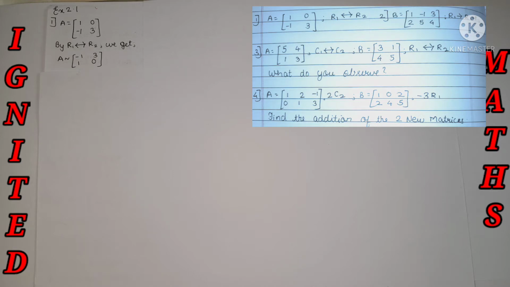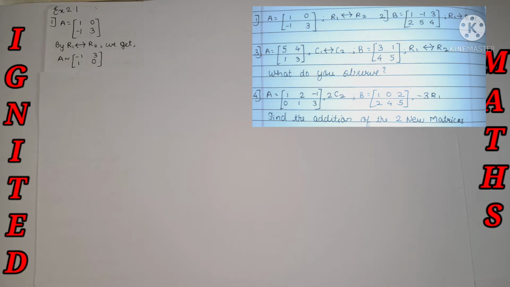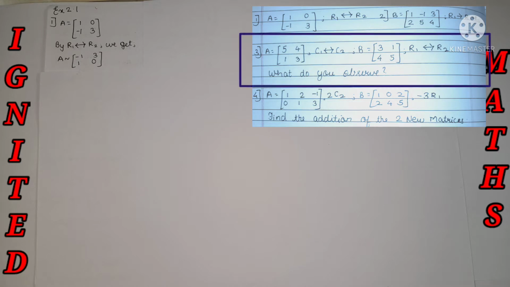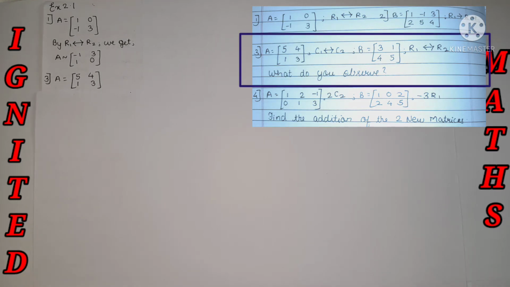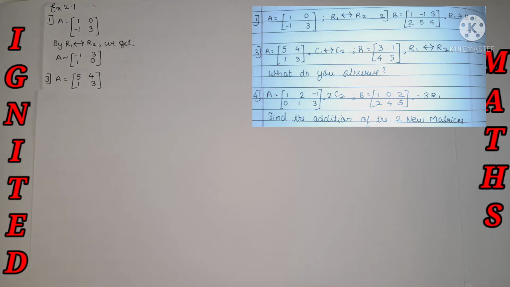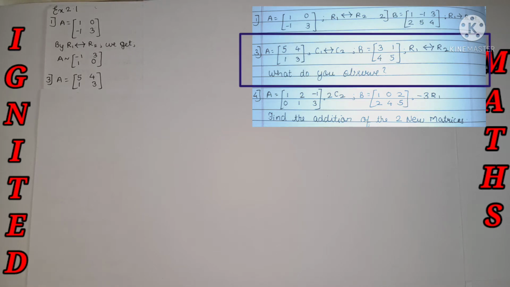Here they have given the matrices A and B, both 2 cross 2 respectively, and they have given certain operations for the matrices. The question asks what do you observe. Let's get started. Let's take the matrix A as a 2 cross 2 matrix. They have given the elementary transformation as C1 interchanged with C2 and C2 interchanged with C1.